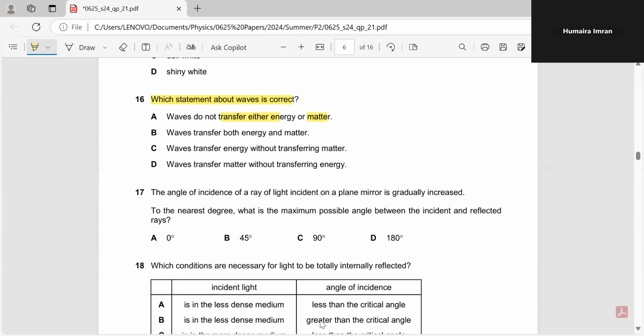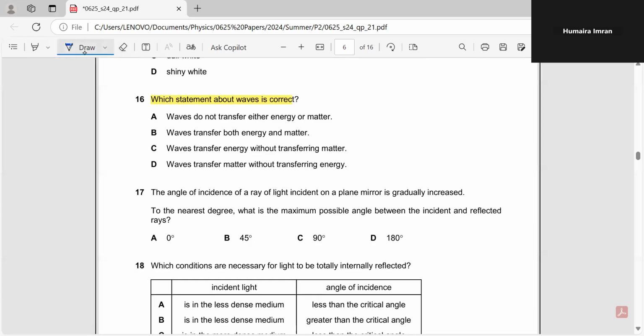Only the disturbance in the air molecules is transferred from one place to another, right? Even we know that sound waves can travel in a solid medium and a liquid medium. For transferring the energy, the solid or liquid itself will not start moving. So waves can only transfer the energy, but the matter stays the same. It will not change its position. Only the disturbance will be transferred from one place to another.